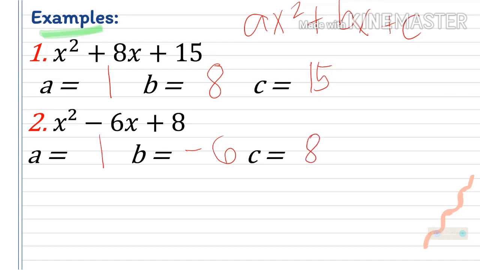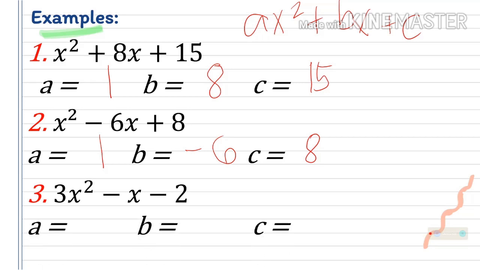For the third example, let us have 3x squared minus x minus 2. The value of a should be 3 and the value of b is correct, negative 1, because you haven't seen any number.